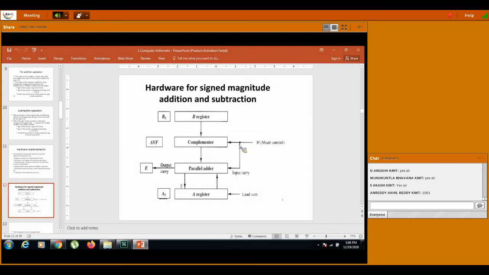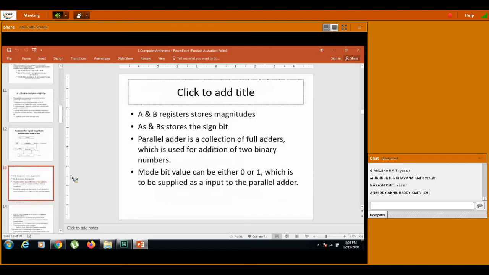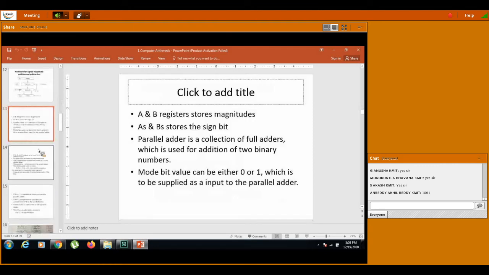Here I have the mode M control. You are going to implement with this. How are you going to implement? The A and B registers store magnitudes, and the A and B sign flip-flops store the sign bit.